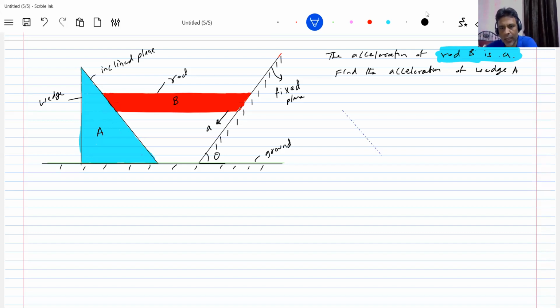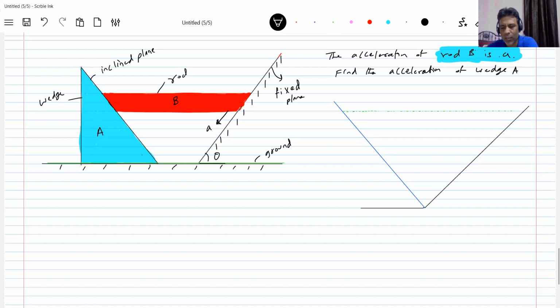So I'll bring that inclined plane. Let me take some reference line.